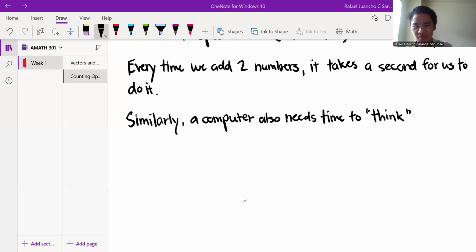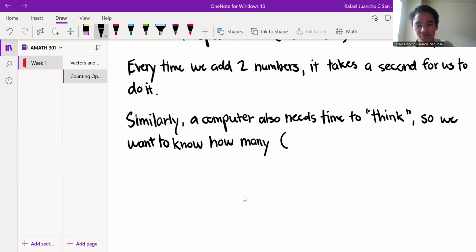So if it needs time to think, we want to know how many of those additions, subtractions, multiplications, and divisions something takes. That's how we're going to be able to determine how fast or how slow a computer program is running.